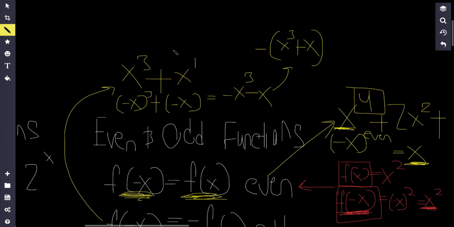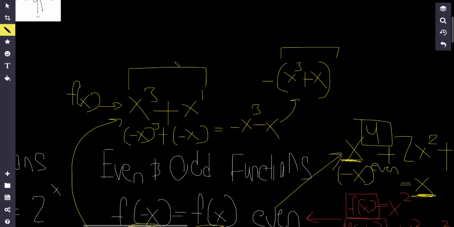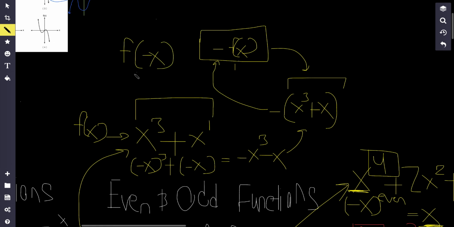And because you're able to factor out a negative sign from both terms, notice how on the inside you have your original function. If this function was f of x, then on the inside you have f of x, and then you have this negative on the outside. Because we originally put negative x into our function, this right over here is f of negative x, and our simplified result is also negative f of x.